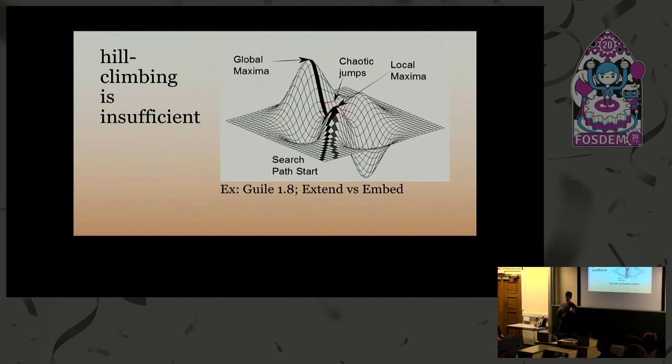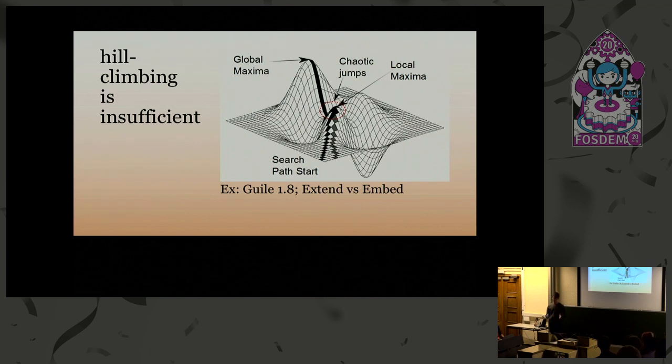And so as a language evolution strategy, I find hill climbing is a recipe for death in the end, because if you ever reach that maximum, you have nowhere to go, right? You're stopped. Why would you step down anywhere that's worse? And so I found that that's where Guile was 15 years ago or so.